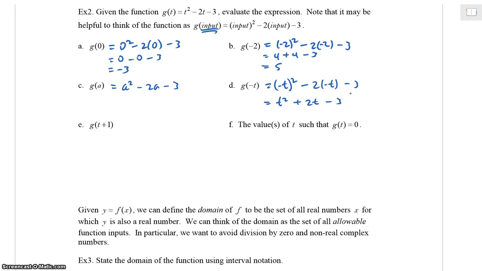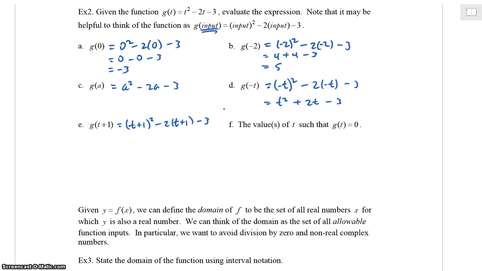So whatever the input is, you square it, you subtract twice the input, and then you subtract 3. So this would be computed as t plus 1 squared minus 2 times t plus 1 minus 3.